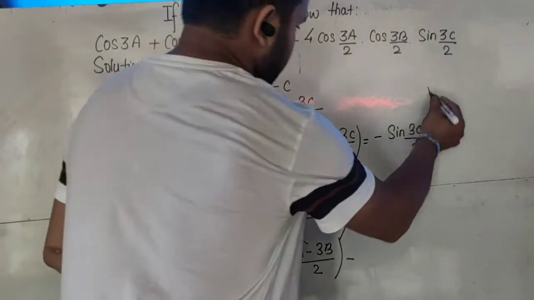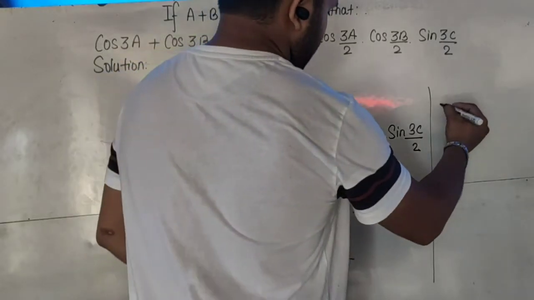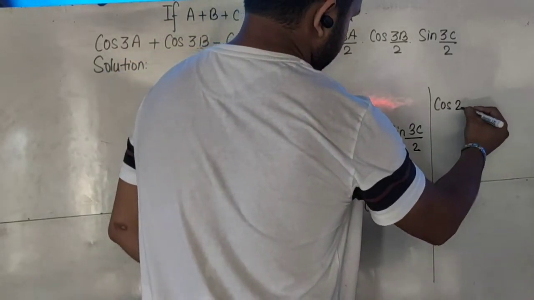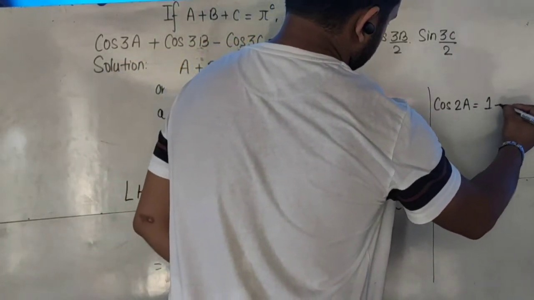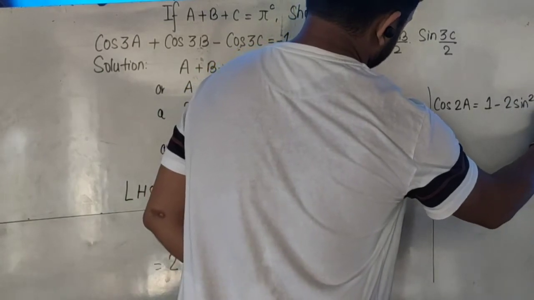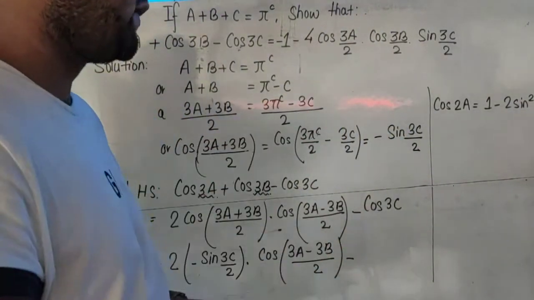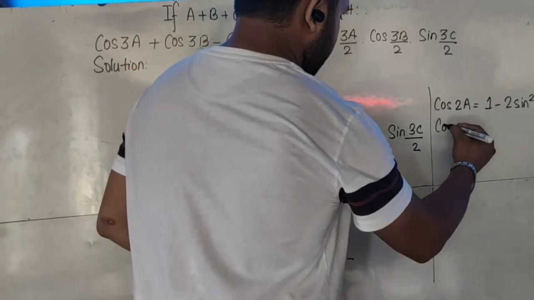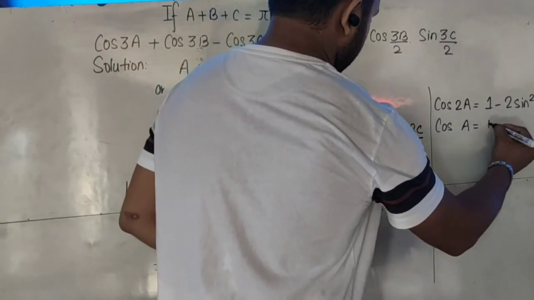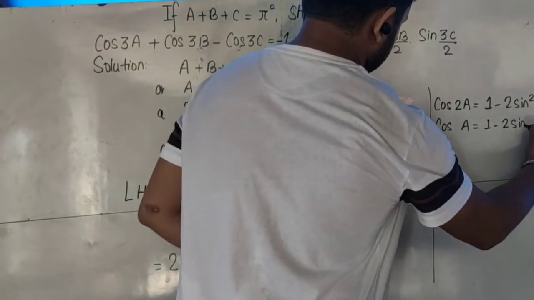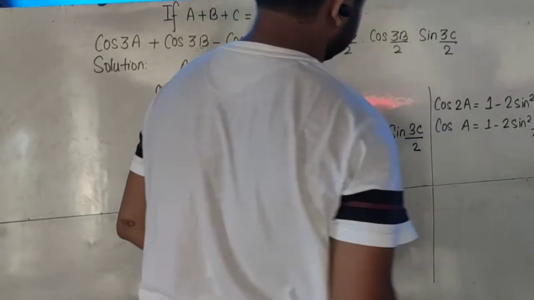Now let's recall the formula. We know that cos 2a equals 1 minus 2 sin square a. We also know that cos a equals 1 minus 2 sin square a by 2.